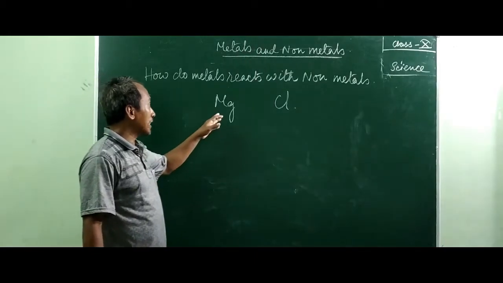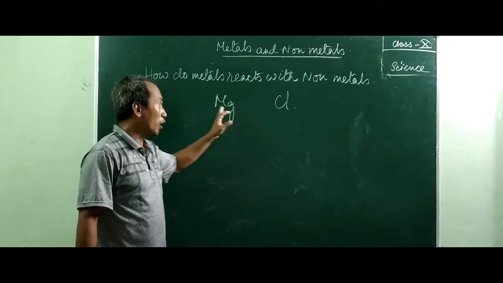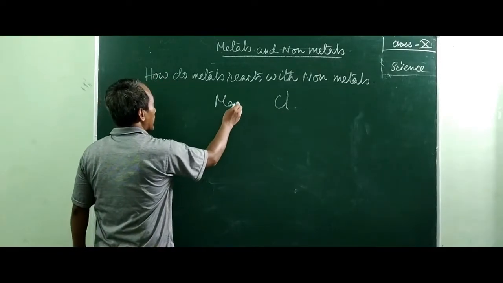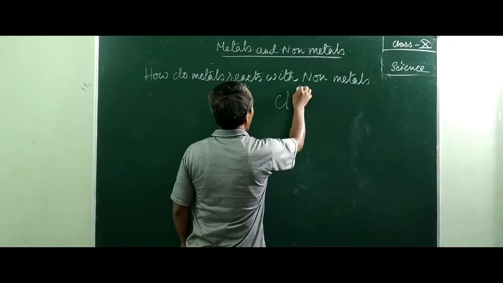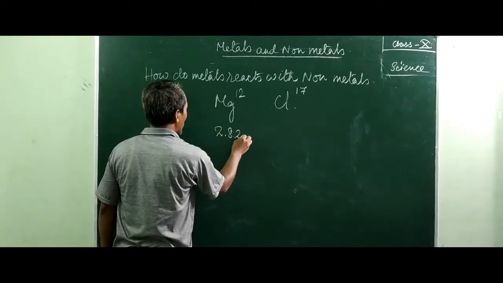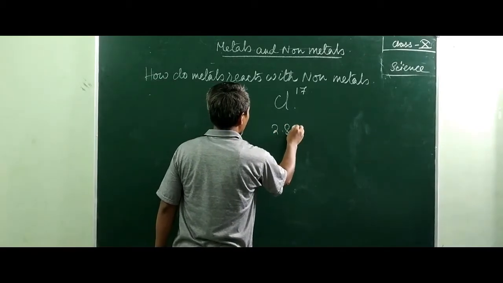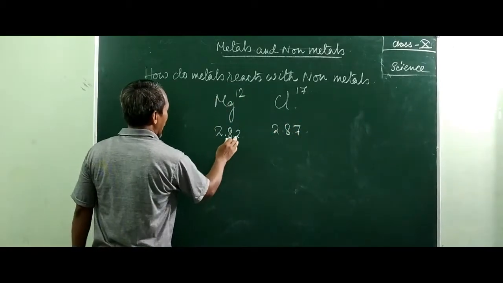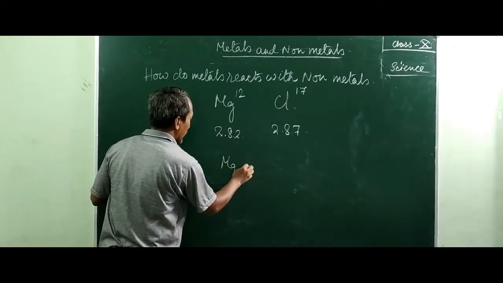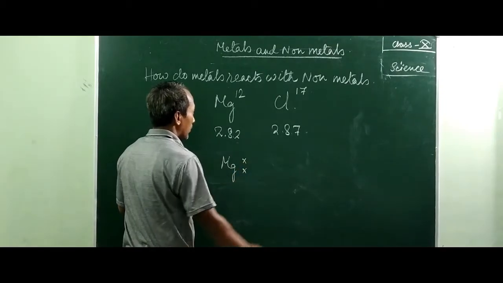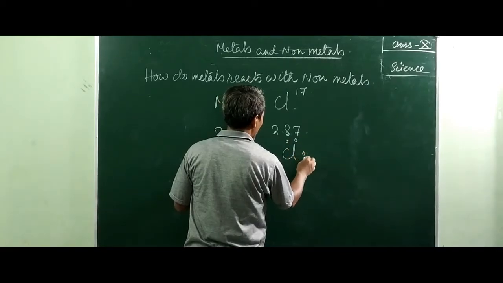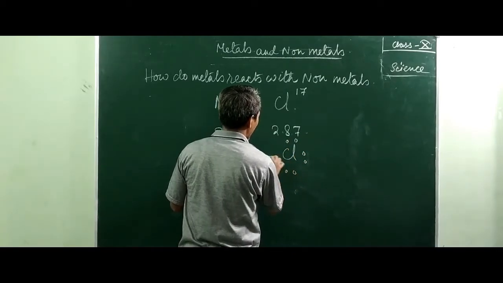Let us take one more example of magnesium and chlorine. How does magnesium react with chlorine? Magnesium's atomic number is 12, chlorine's atomic number is 17, its electronic configuration is 2, 8, 2, and here is 2, 8, 7. So the electron dot picture will be represented as magnesium with 2 electrons, and chlorine as 1, 2, 3, 4, 5, 6, 7.